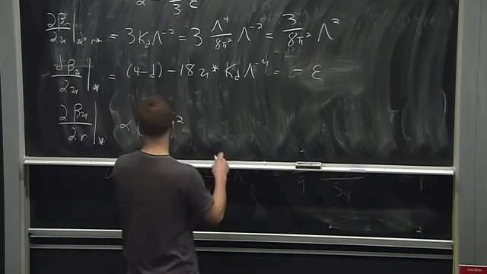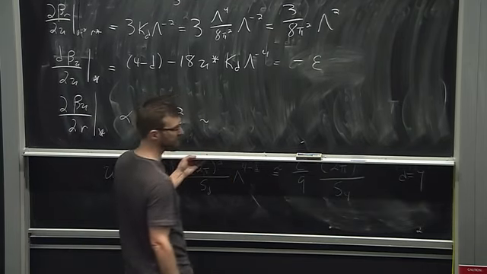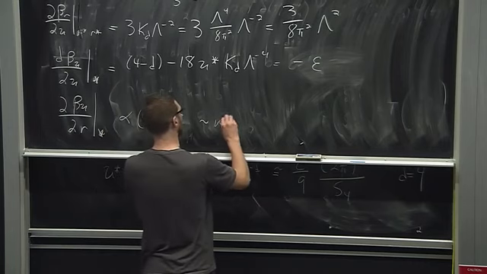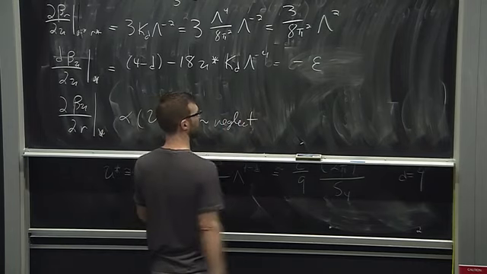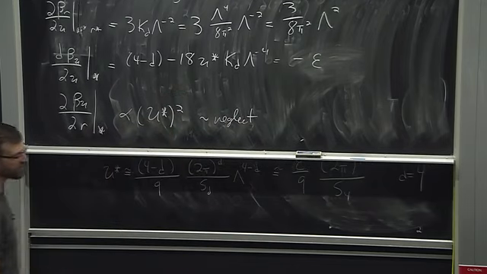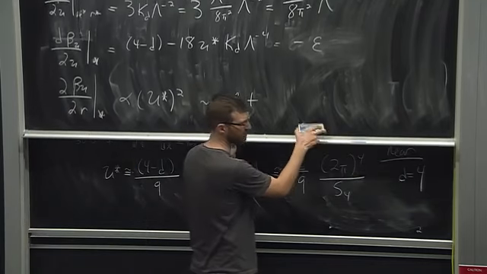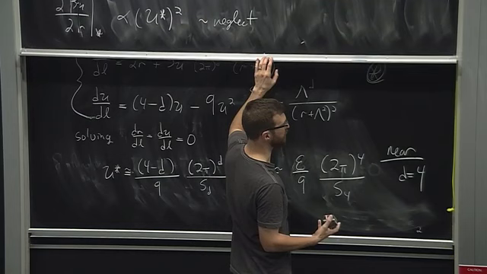We don't need this. We need this piece. So that'll make our matrix easier to solve. It's order epsilon squared. That's another way of thinking about it.